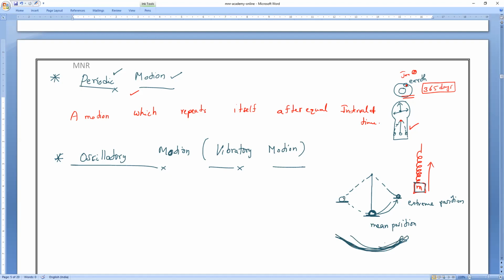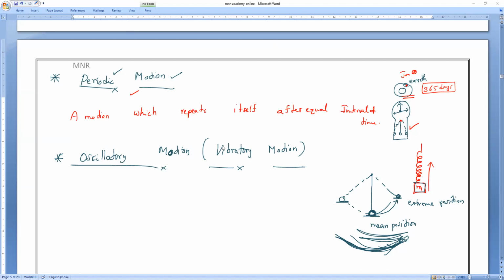If the number of oscillations is large in a very short period, then that oscillatory motion we call what? Everybody, please respond. Vibratory motion. That is what you have to remember. Is it okay, guys? Understand? Please respond.